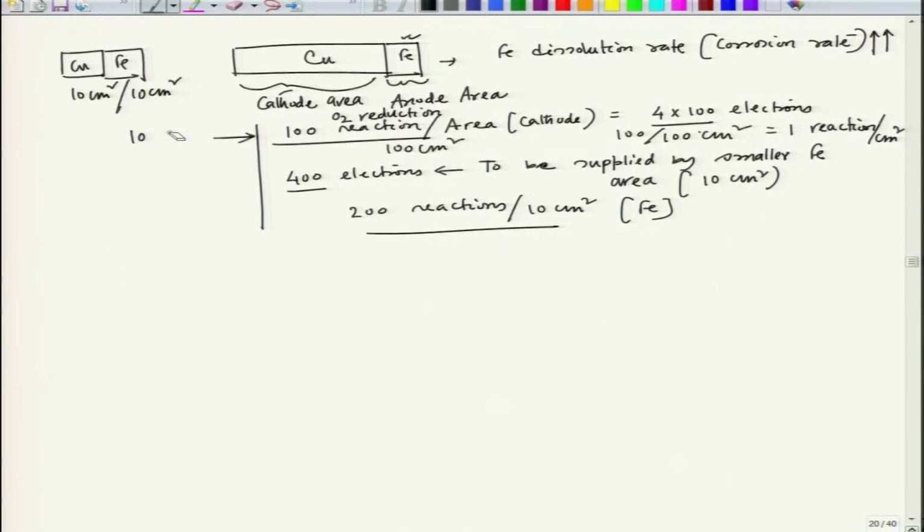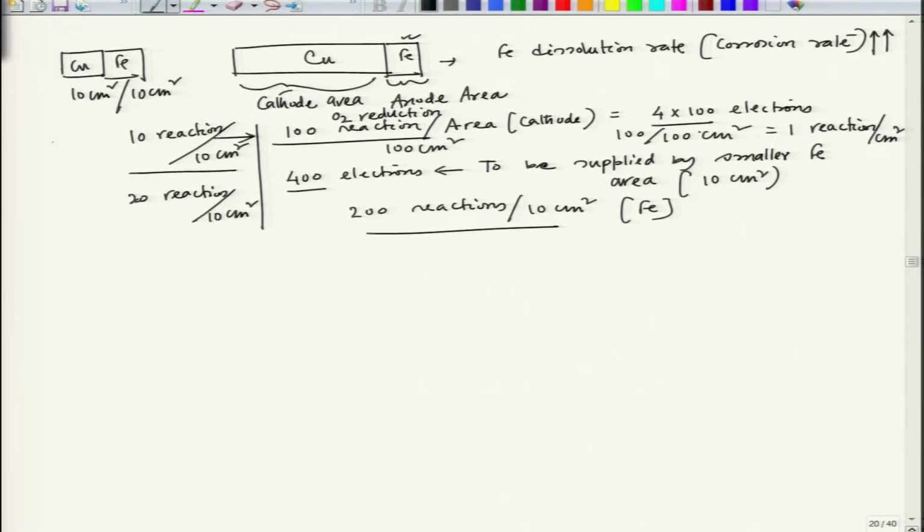So, 10 reactions per 10 centimeter square area, and similarly for iron it will be 20 reactions per 10 centimeter square area.